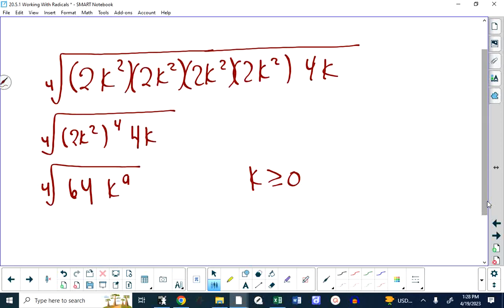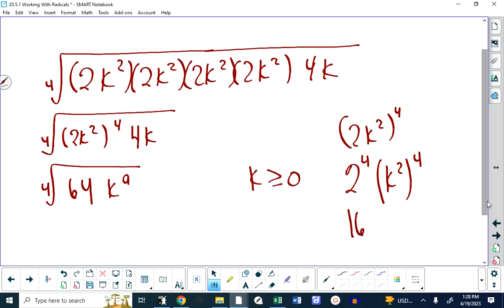And if we simplify that, I'm just going to do this on the side here. 2k squared raised to the 4, we have to raise the 2 to the 4, and we have to raise the k squared to the 4. So you get 2 to the 4, which is 16. K squared to the 4, you multiply the exponents, you get k to the 8. And then you can multiply as well by the 4 and the k to the 1. You can feel free to take shortcuts here. There's not a lot of work to be shown.